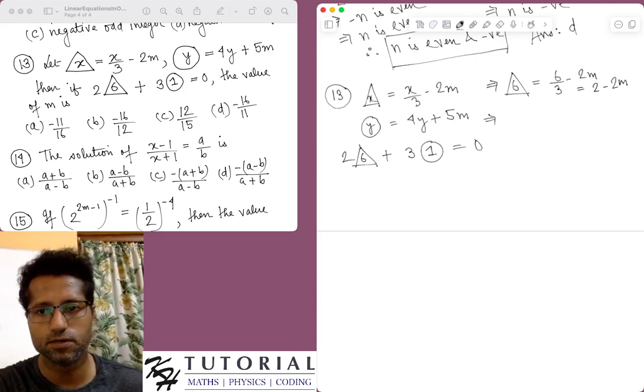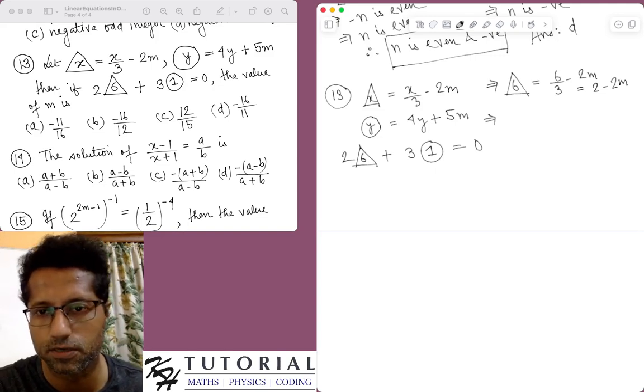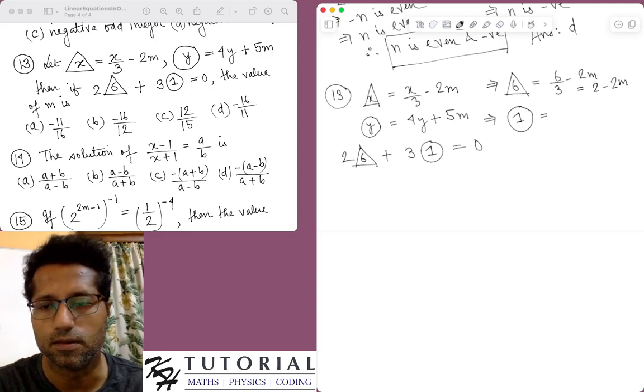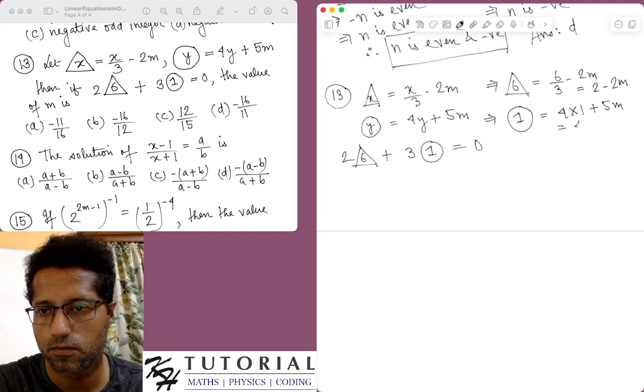and also in the given equation it is given 2 into the 6 inside the triangle plus 3 into the 1 inside the circle. So for the 1 inside the circle, I will substitute y as 1 in the given linear expression. So 4 into 1 plus 5m, this is 4 plus 5m.